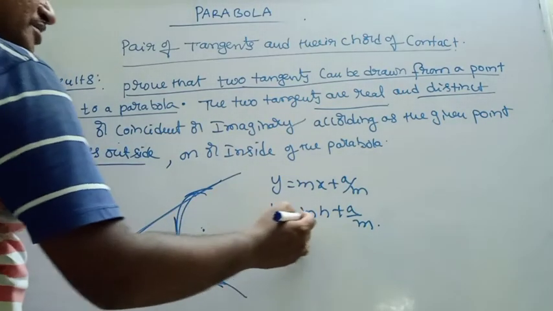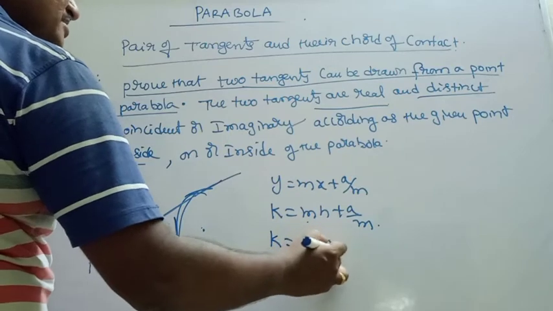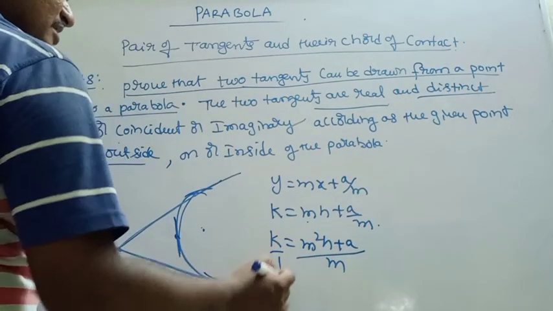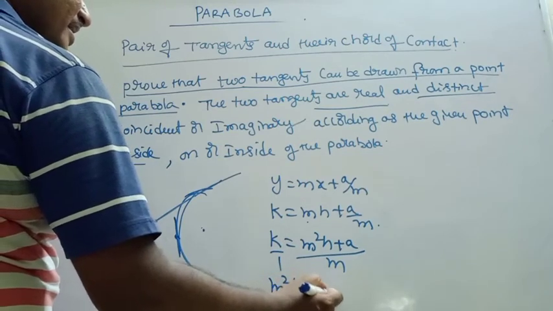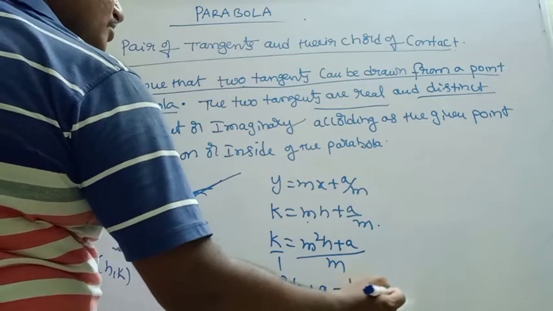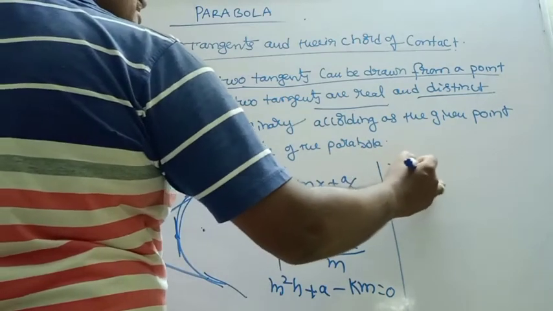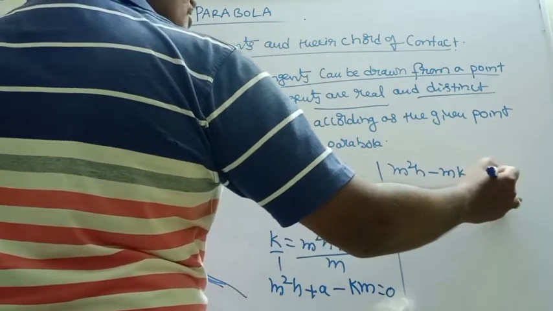Now let us take LCM: k is equal to (m square h plus a) whole by m. Now do the cross multiplication. You will have m square h plus a minus km is equal to 0, that is m square h minus mk plus a equal to 0.